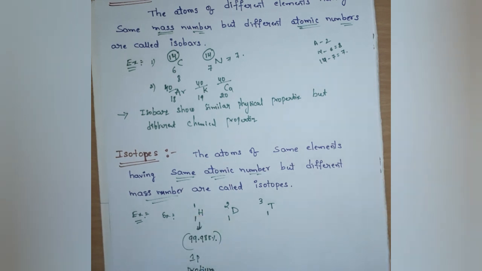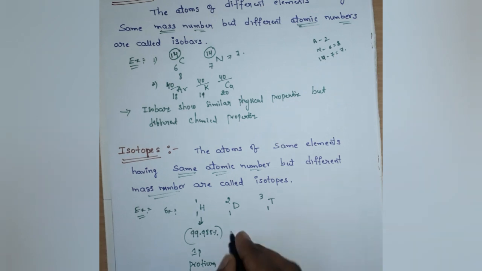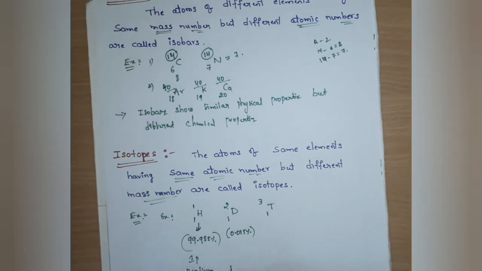The rest of the hydrogen atoms contain two other isotopes. One contains one proton and one neutron and is called deuterium. This is present in 0.015%.